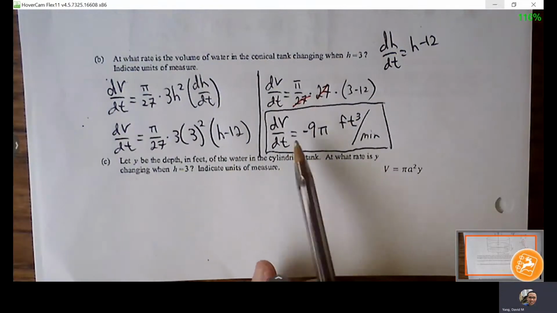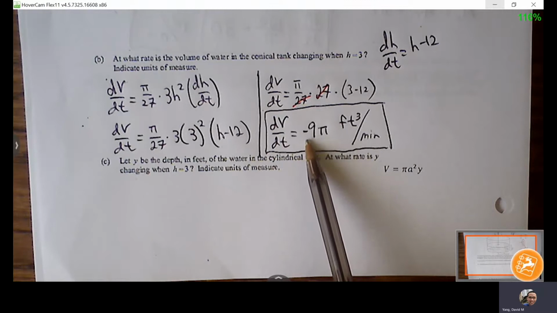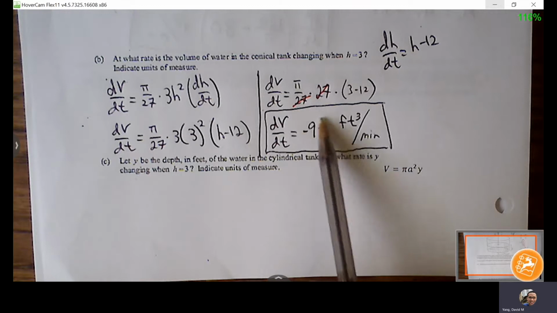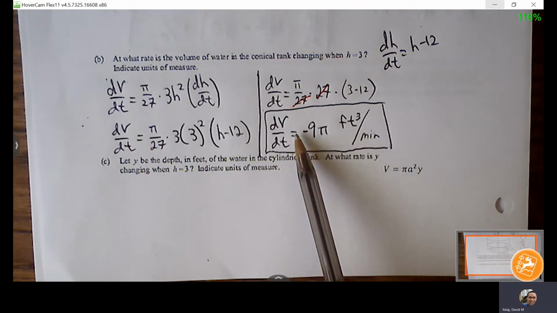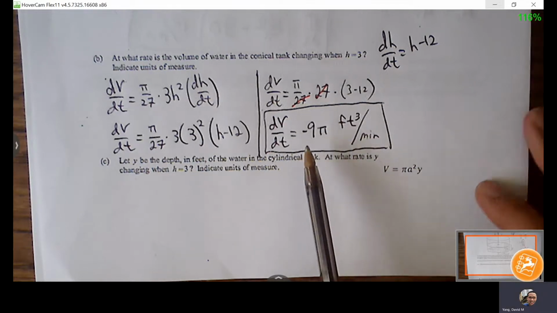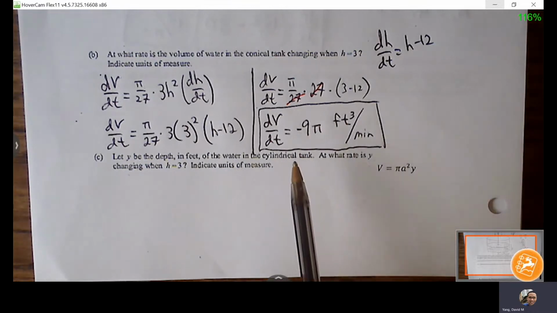Okay, so this is talking about the rate of change of volume of the water in the cone. Does that negative sign make sense? What's happening to the rate of water inside the tank? Decreasing, right? Water is leaking out. So this is the rate at which water is leaving the tank.